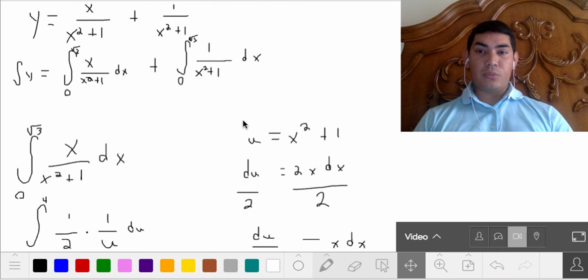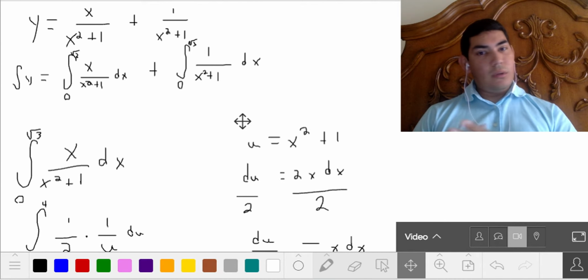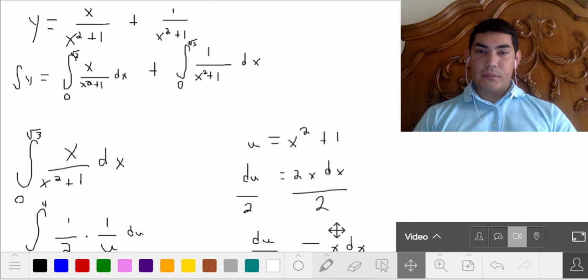So we have the integral as well between 0 and the square root of 3 of 1 over x squared plus 1 dx. And if we recall our integral table, or if you probably have seen that before, that integral is the arctangent of x.